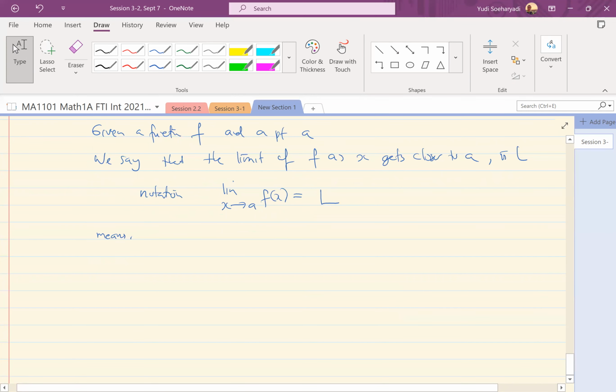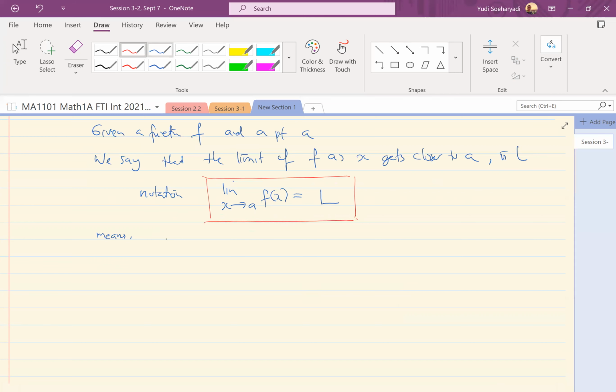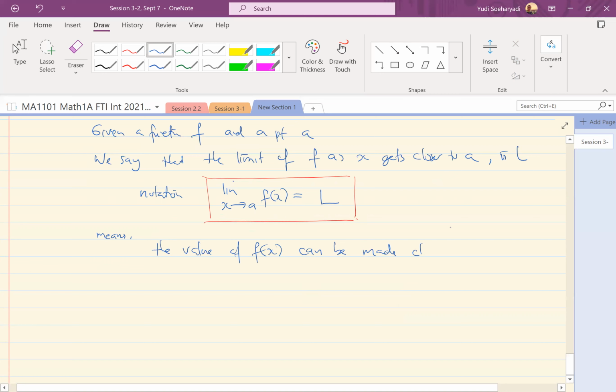All right, so these notations. All right, so that means the value of f can get close and closer to L by taking x closer and closer to a.